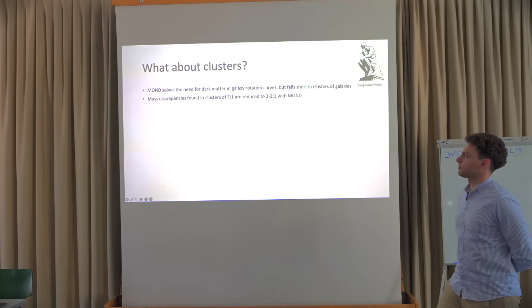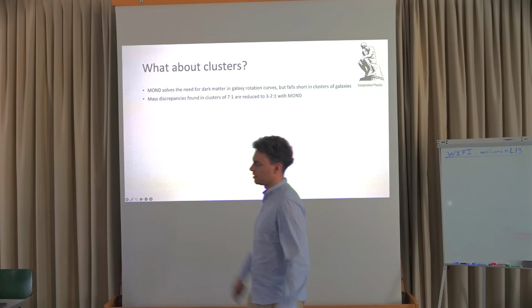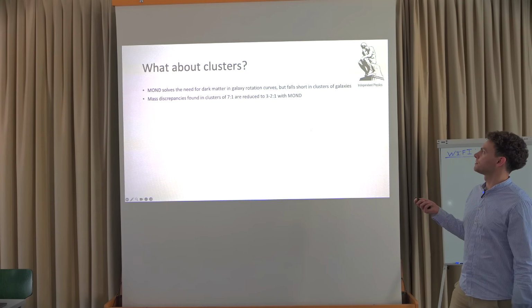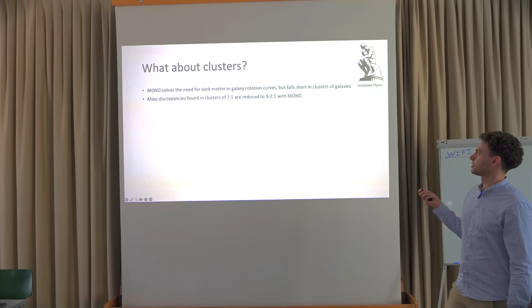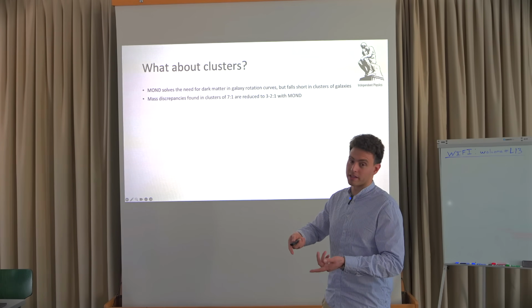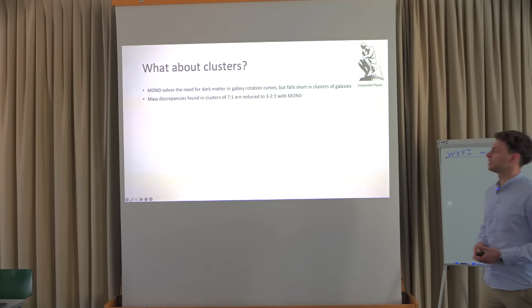You get mass discrepancies, depending on the distance from the center of the cluster, of more or less 7-to-1. When you use MOND, you get a mass discrepancy of 3-to-1 or 2-to-1. That means you need double the mass that you observe to explain the dynamics. So it's in the right direction, but it falls short.